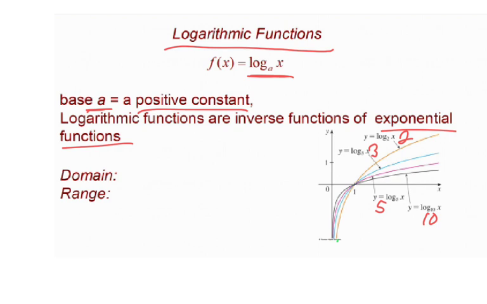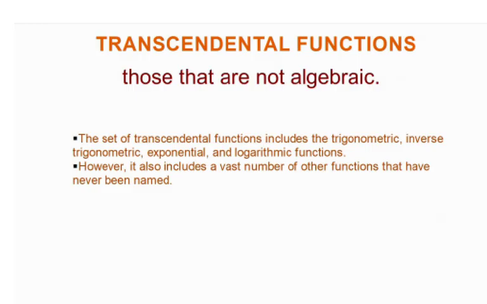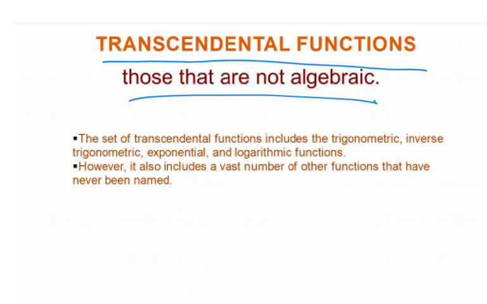So your domain for these is from 0 to positive infinity. They don't actually ever hit 0, so make sure it's a parenthesis there. And then your range is negative infinity to positive infinity. So the graphs that we looked at are transcendental functions, and those are functions that are not algebraic, so no polynomials, stuff like that.